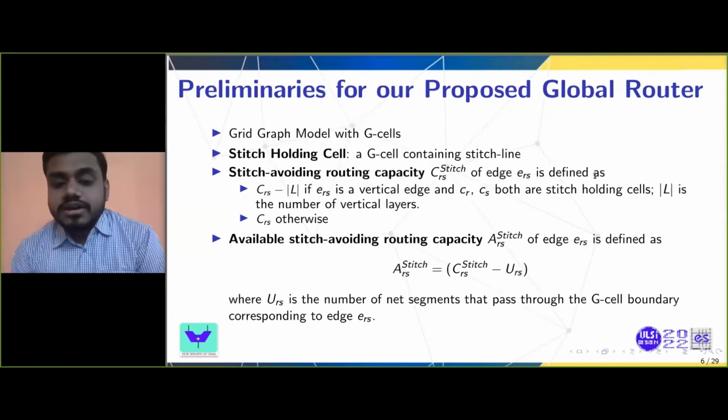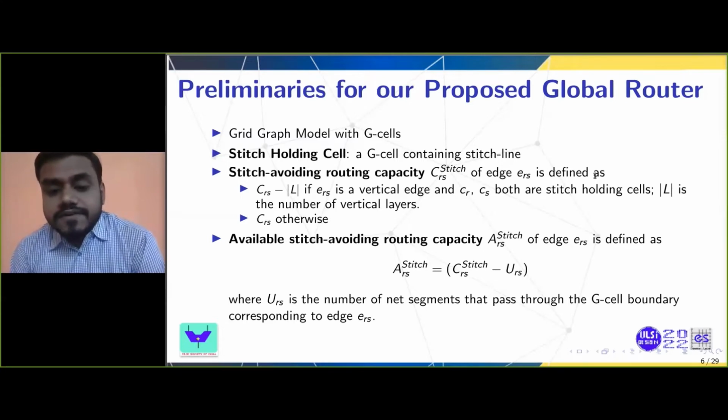Now our method is based on the grid graph model, and we define the cells that contain a stitch line as stitch holding cells. We define new routing capacities. If a cell contains a stitch line, then we reduce the routing capacity of that cell.